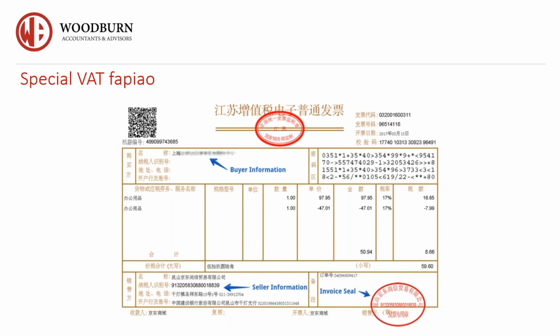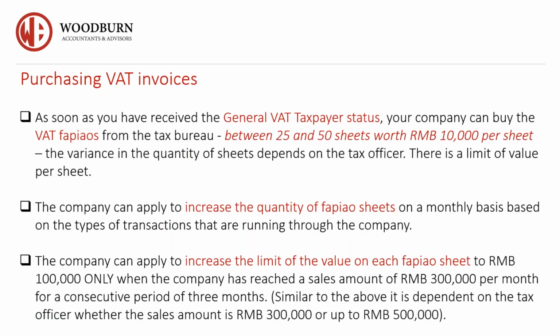Okay? Now, purchasing VAT Fapiaos is something that, again, is not easy. The number of Fapiaos that may be printed and the capital value of each individual Fapiao sheet are subject to quotas. The company's local tax bureau, the district tax bureau, will determine the quota based on the taxpayer's actual business operation status.